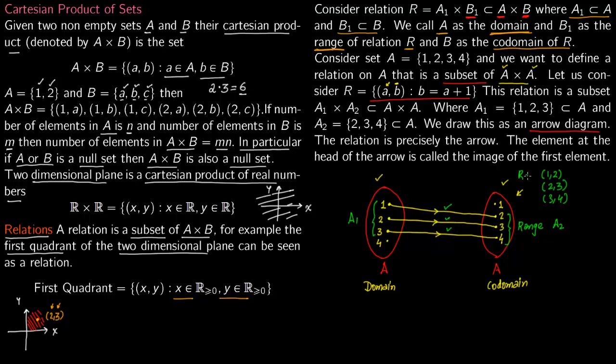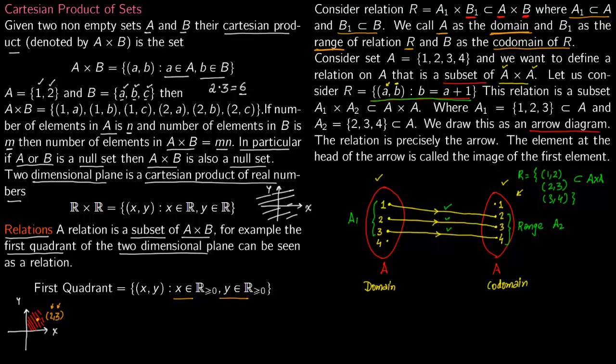So this is the relation, and it is a subset of A times A. Obviously A times A also consists of (1, 1). It also consists of (1, 4), and those parts we are not considering. So the relation is a particular subset, and we have described this relation by the rule that b is equal to a plus 1.